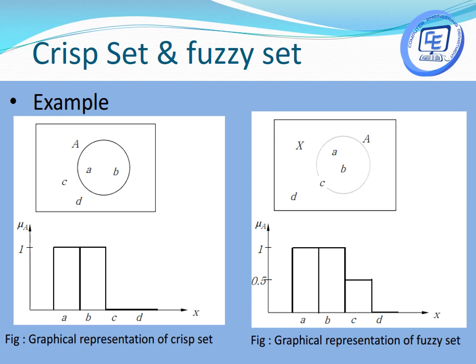One thing to note is that no student is sharing the border of set A and the universal set, as you can see in the graph. Elements a and b have value 1, and elements c and d have value 0. Means either you have value 0 or 1. A definite value is there, either true or false, yes or no, 0 or 1. These kinds of terms are called a crisp set.